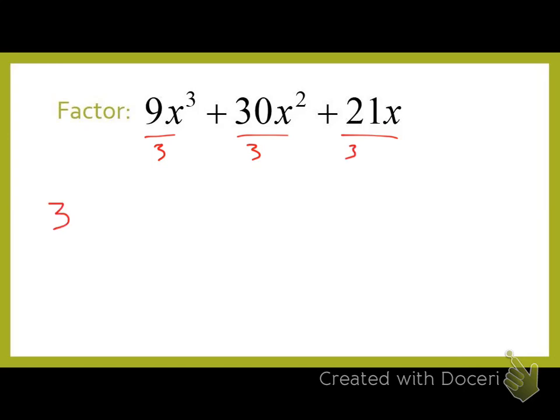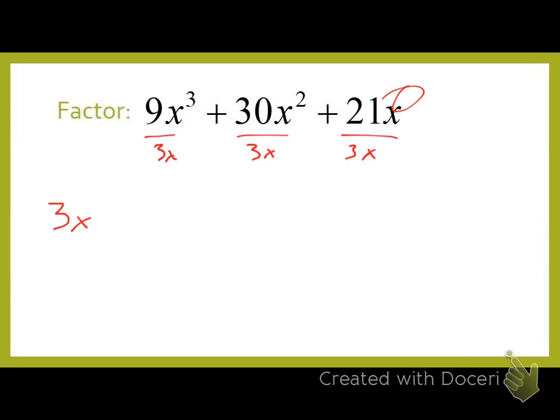So 3 is going to be part of our greatest common factor. They all have x's, they're all x terms. And so we want to take the fewest number that they all have in common. This guy only has one x, x to the first, so x to the first is going to be part of the greatest common factor. So I'm going to put this down here as well.